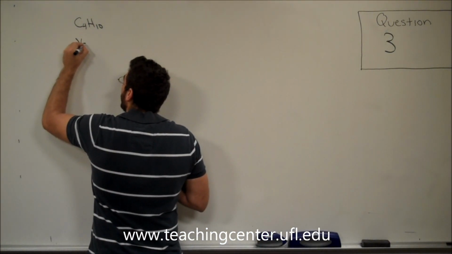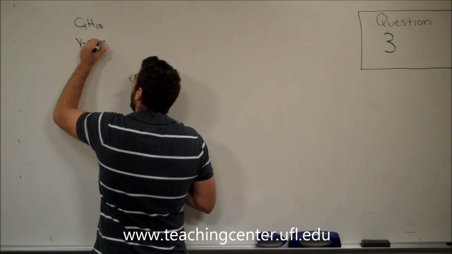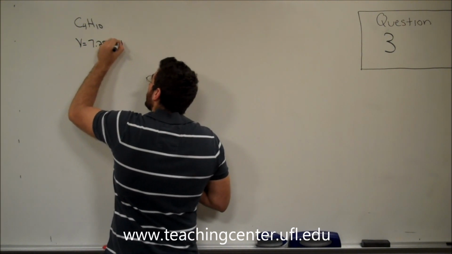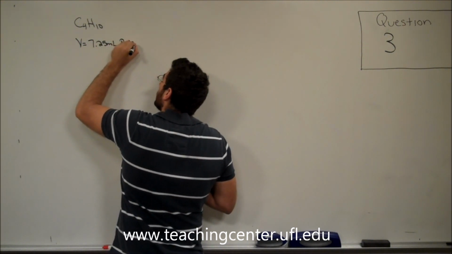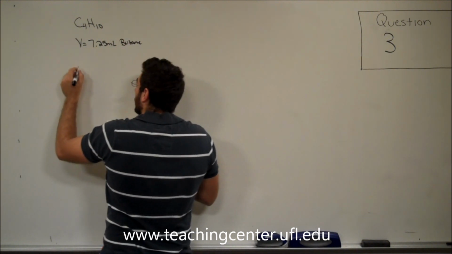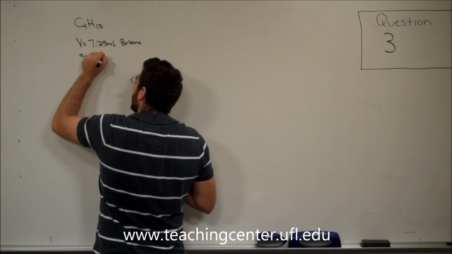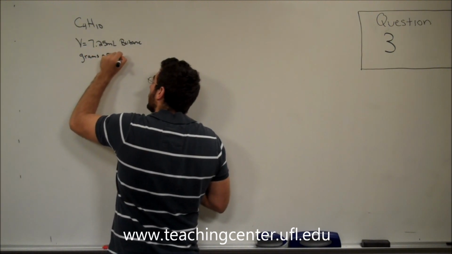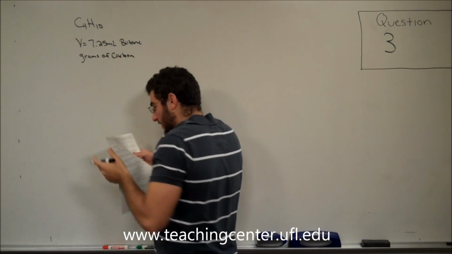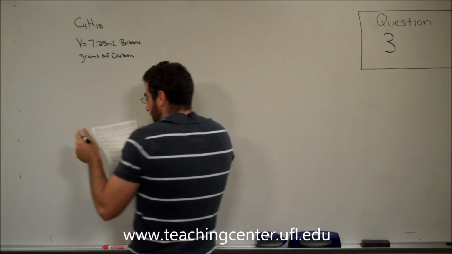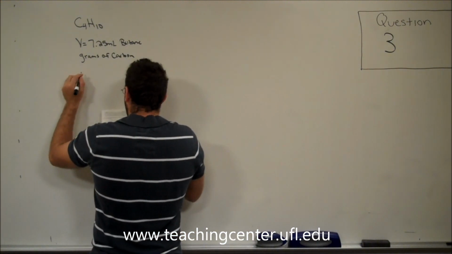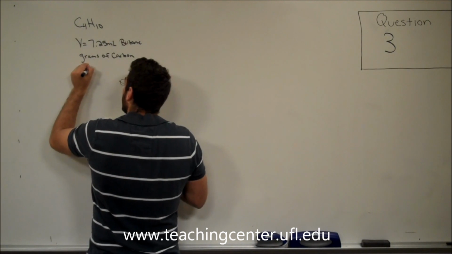So we know we have a volume of 7.25 milliliters butane. We're looking for grams of carbon, and then it tells us in parentheses the density is 0.601 grams per milliliter.